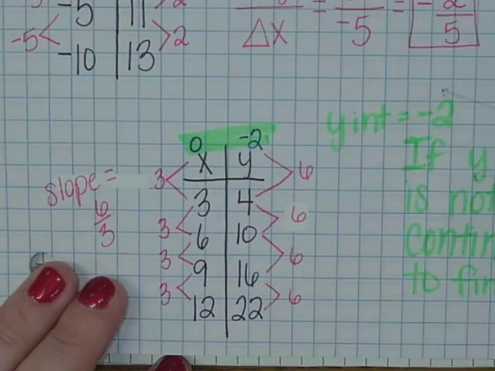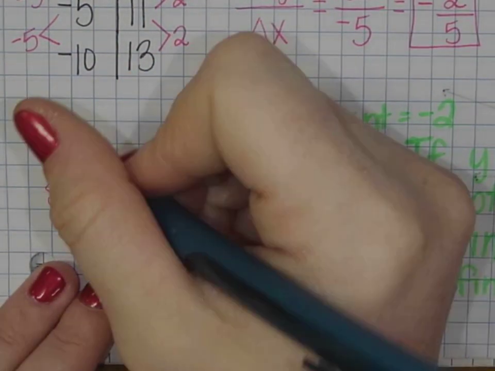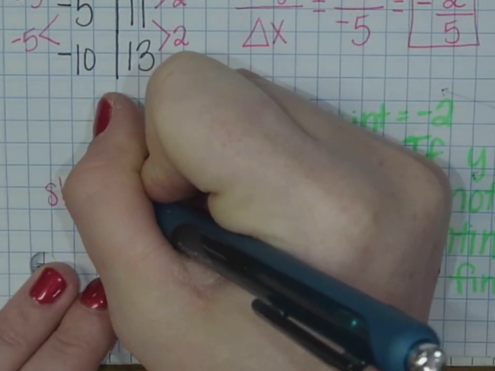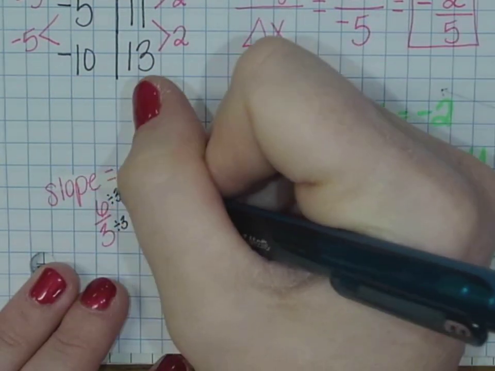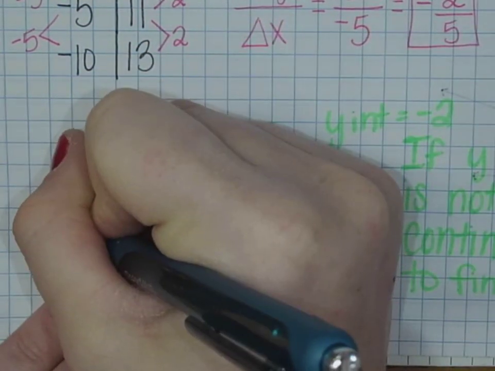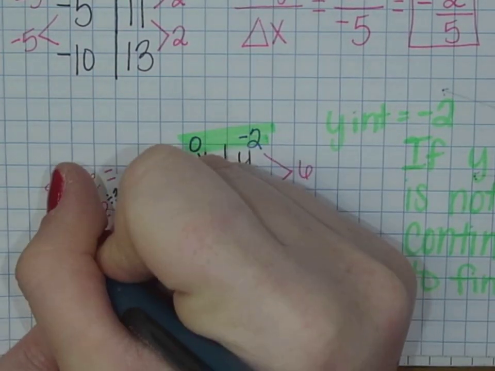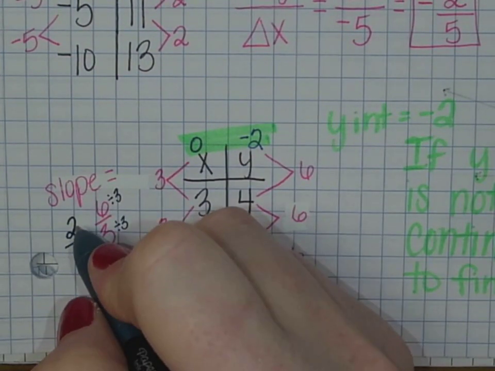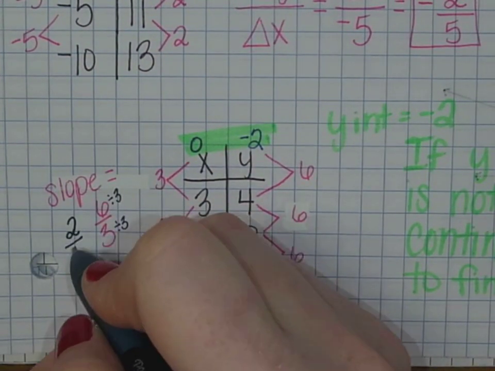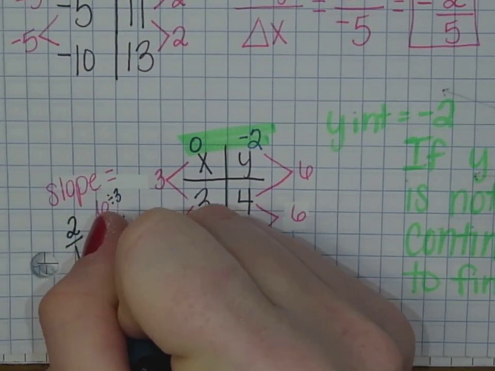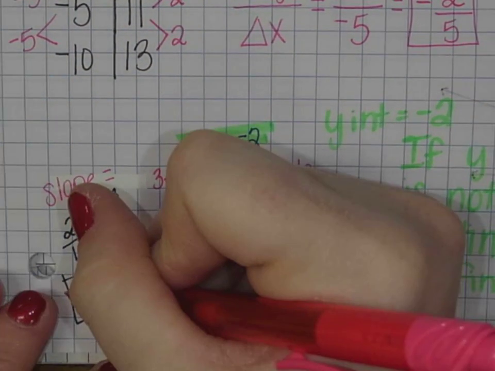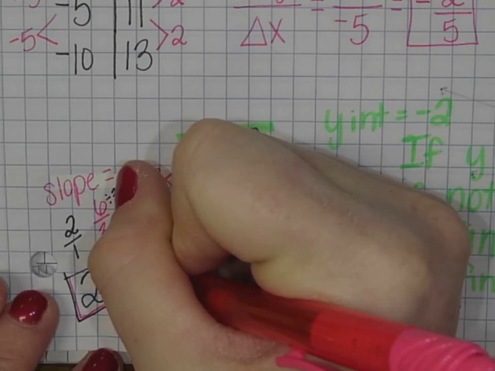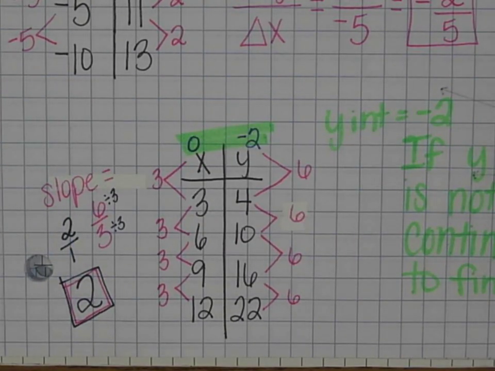Both of those numbers are divisible by 3. 6 divided by 3 is 2. 3 divided by 3 is 1. We don't leave it as 2 over 1 because 2 divided by 1 is just 2. So my slope would be 2.